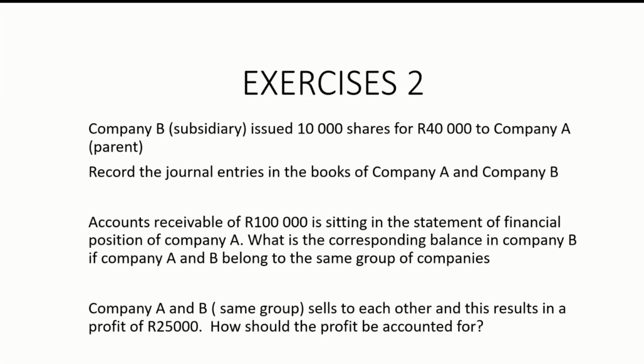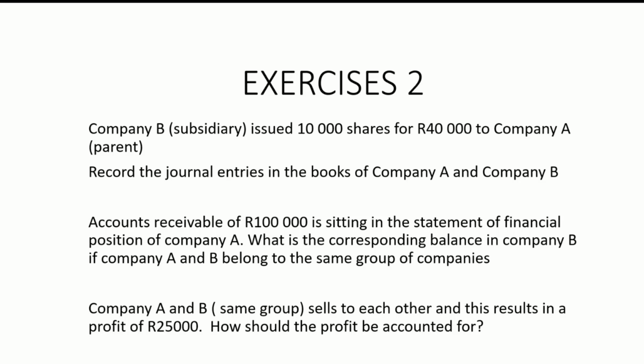Let's give an example just to make it clearer. Let's say I'm company A, which is the parent company. I gave a loan to company B, which is my subsidiary, right?